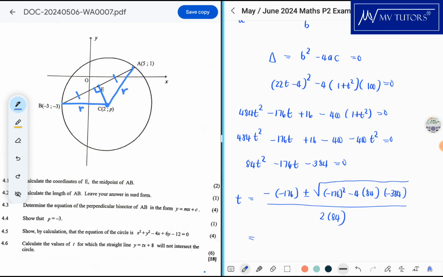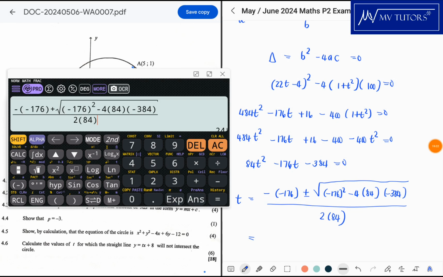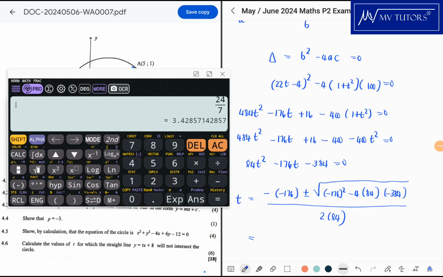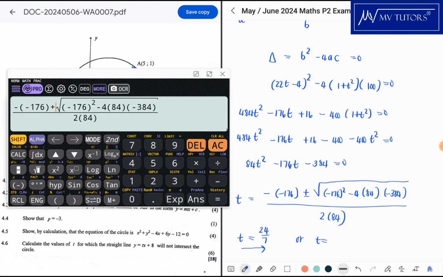Okay, so let's work out t. All right, so when we put all of that into the calculator, we get an answer of 24 over 7. Okay, so that's a positive gradient. So t is equal to 24 over 7, or if we're going to put in the negative alternative, we're going to get negative 4 over 3.